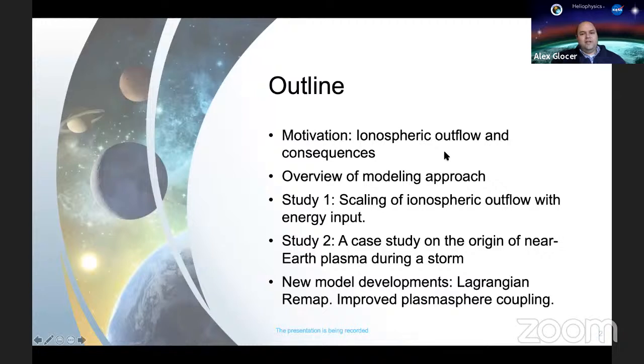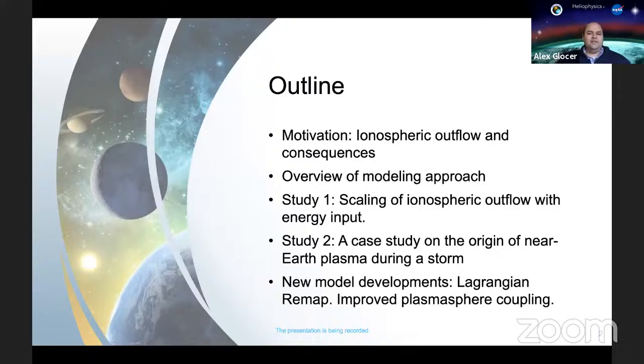As an outline, I'm going to start with a little bit of motivation: what is ionospheric outflow and what consequences does it have. If you saw Rick Chappell's talk a couple of weeks ago, you probably already have a lot of this in mind, but for those who missed it, I'll go through some of the motivation again.